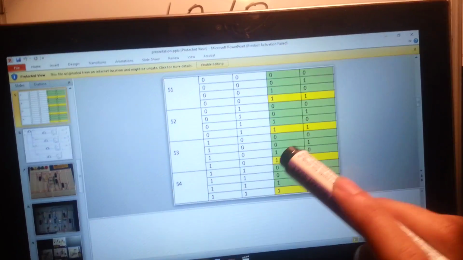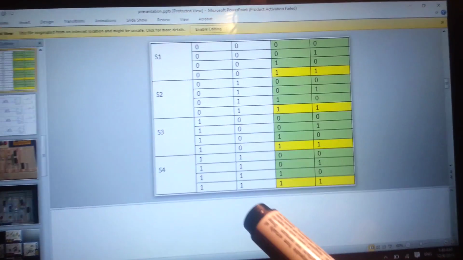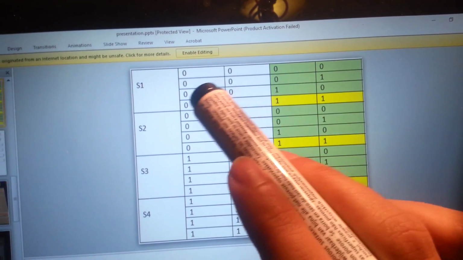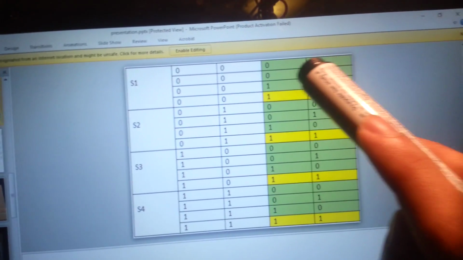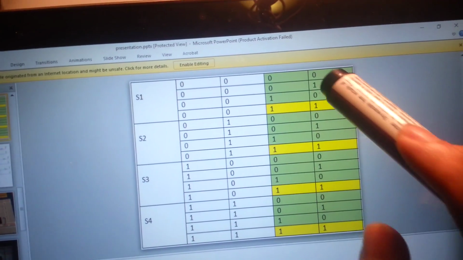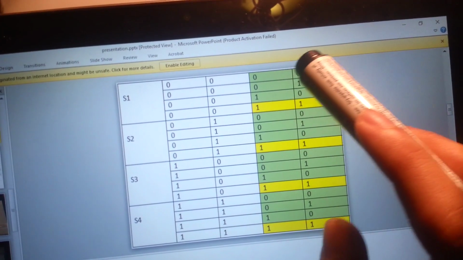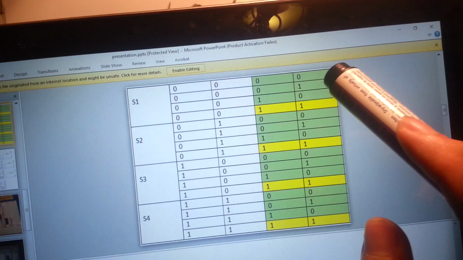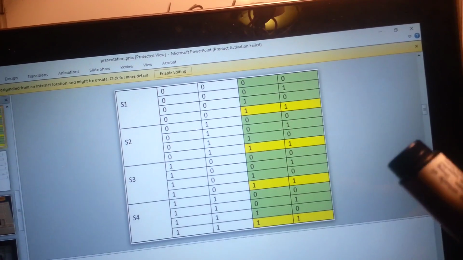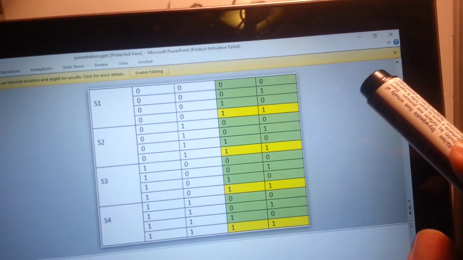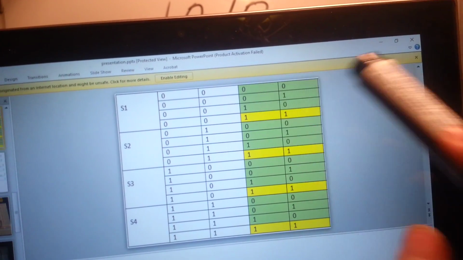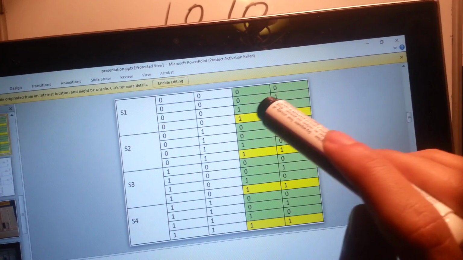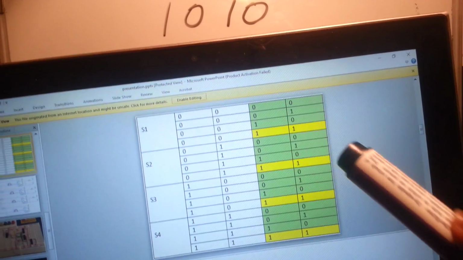The next one will be 1 and 0. And the last one when both are 1s. So whenever the largest two digits are zeros, we will be connected to the first traffic light. And whenever we have 0 and 0, 0 and 1, and 1 and 0, we have a green light. Only whenever we have a 1 and 1 for the small two digits, we will have the yellow light. So basically these are the smallest two digits and these are the largest digits.